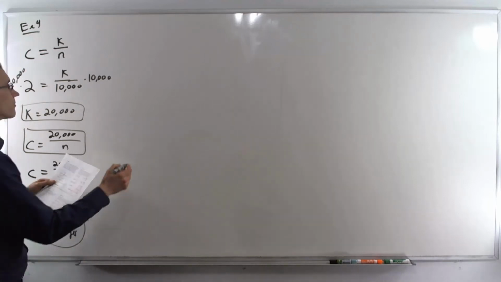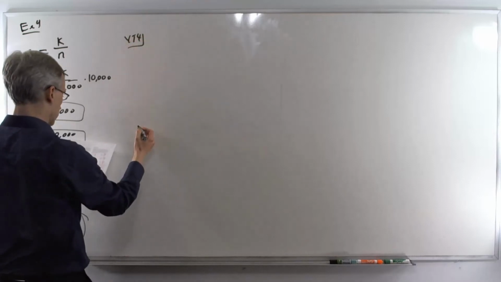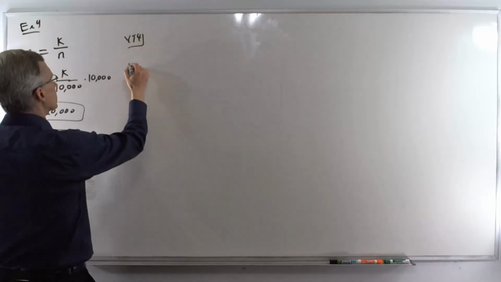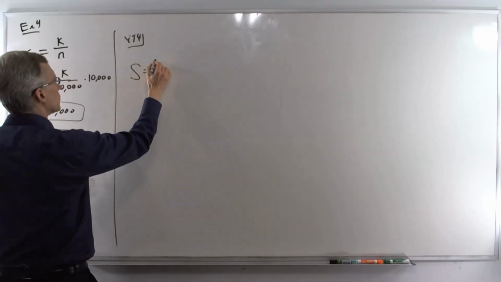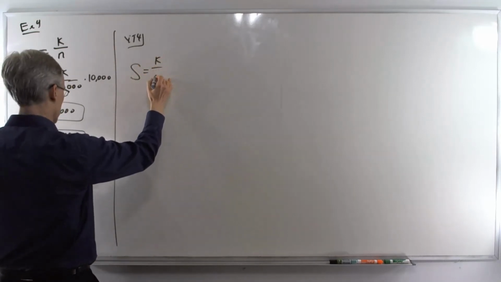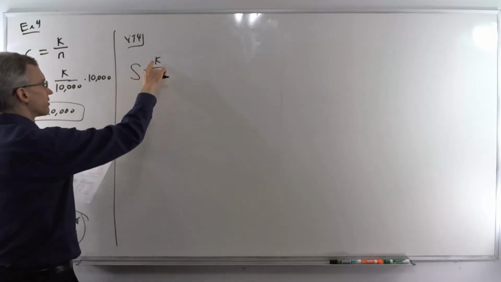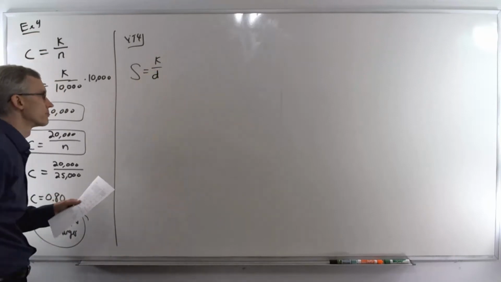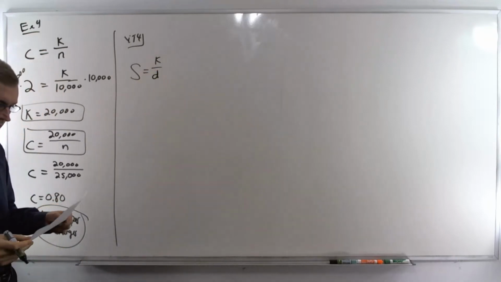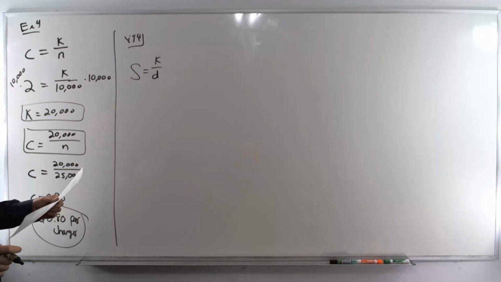Your turn, number 4. We've got the speed of a pulley. So speed varies inversely with diameter. Diameter goes below. If a pulley with diameter 6 inches turns at 150 RPM, find the equation.